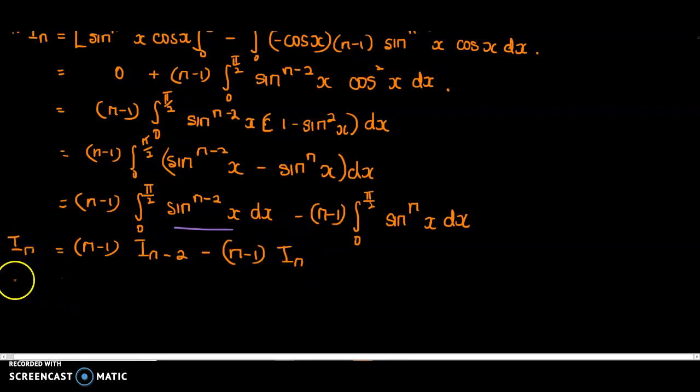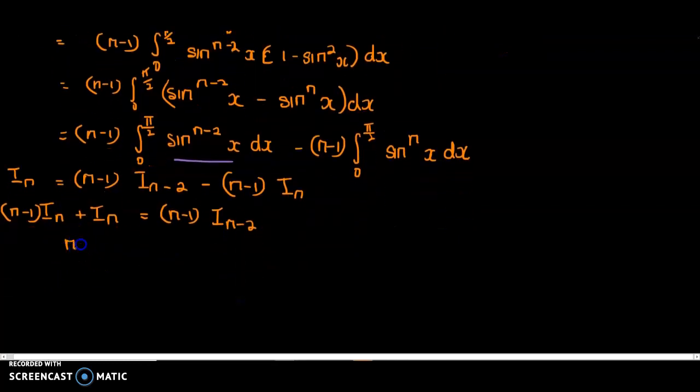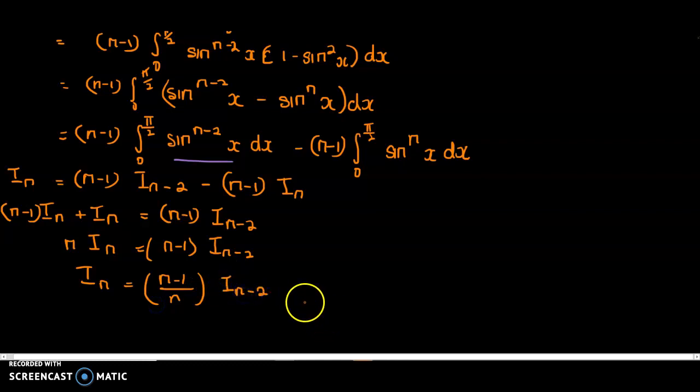So let's take the In across, and we get n minus 1 In plus In is equal to n minus 1 In minus 2. So this now simplifies to n times In is equal to n minus 1 In minus 2. So therefore In is equal to n minus 1 on n times In minus 2. And this formula is valid for n greater than or equal to 2.